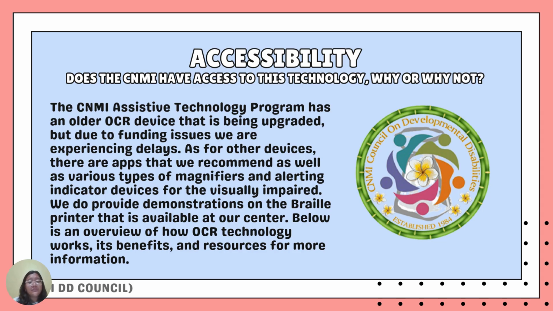They do provide demonstrations on the Braille printer that is available at their center. Below, there's an overview of how OCR technology works, its benefits, and resources for more information, which is overall used throughout this presentation as well. This is from our CNMI DD Council.